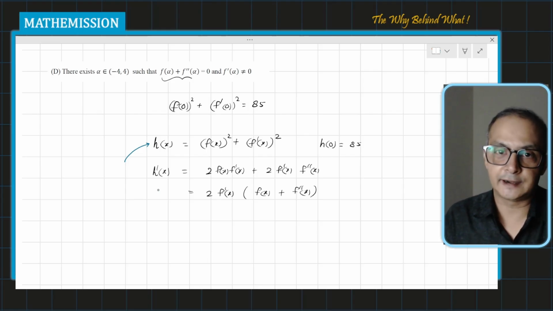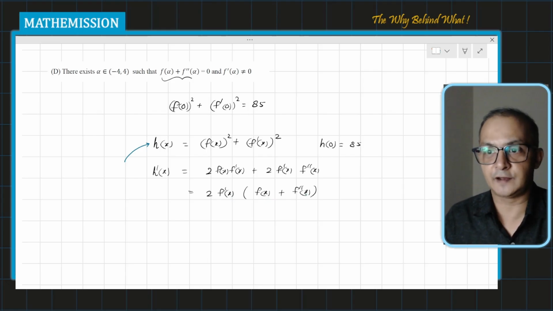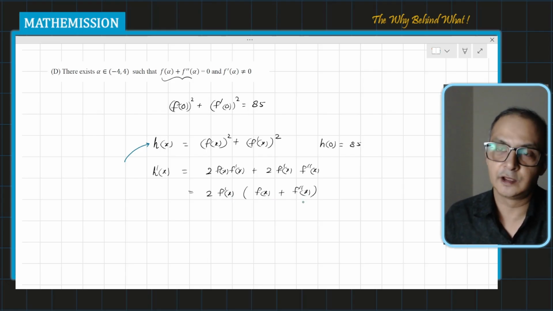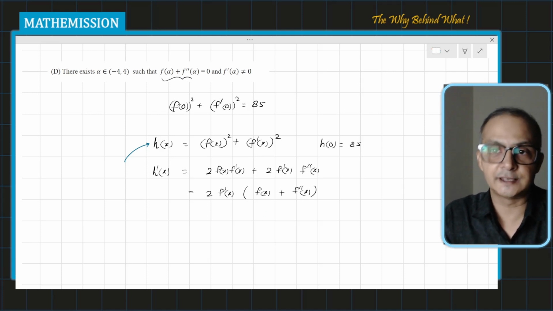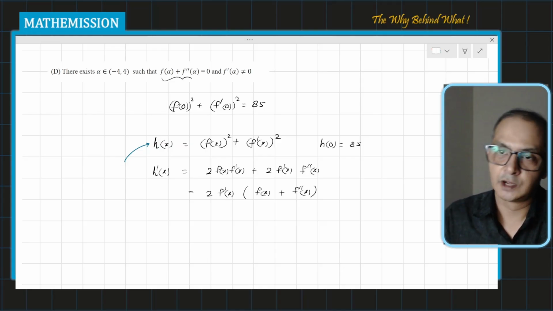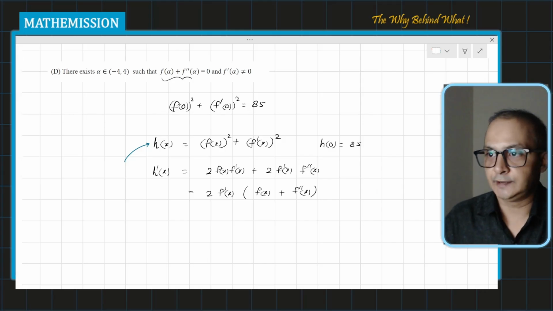Then only at that value, let's say alpha is the point where the function hx is attaining its either minima or maxima, it means at that point only the function derivative, the h dash alpha, can be 0. And if h dash alpha is 0, of course f dash alpha is not 0, so automatically the f alpha plus f double dash alpha becomes 0. So we have to just understand whether this hx is attaining either maximum or minimum somewhere between -4 and 4 or not.